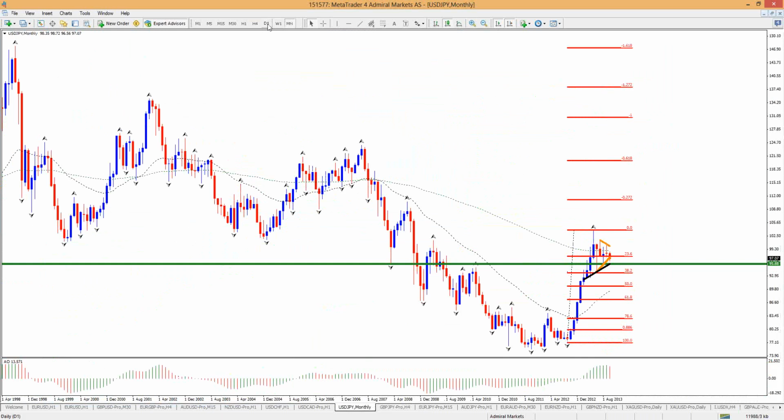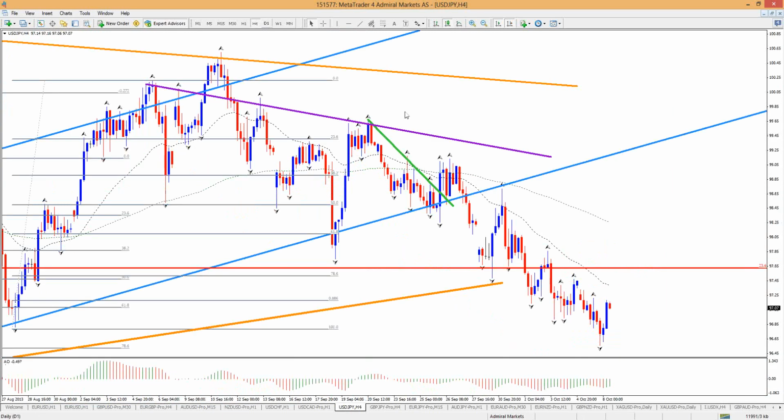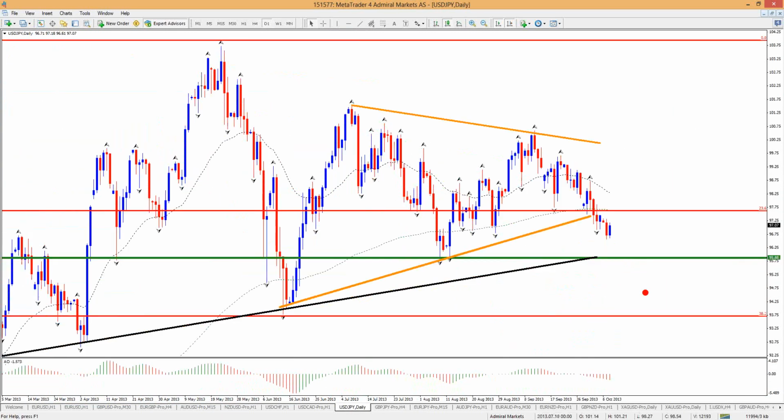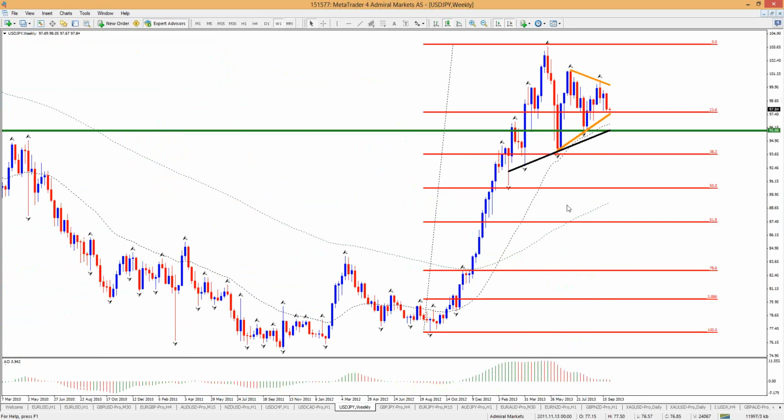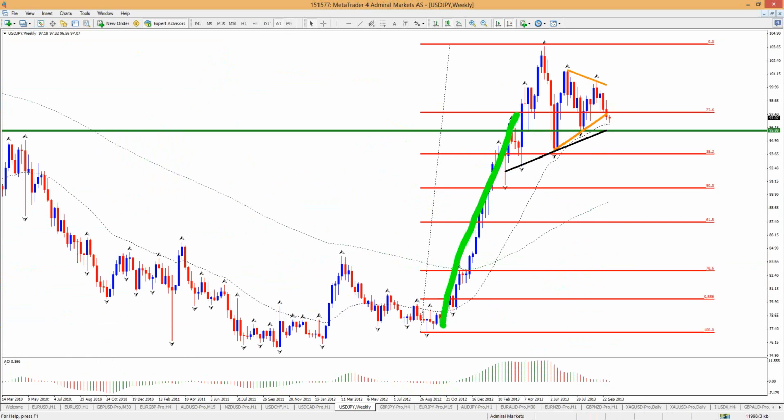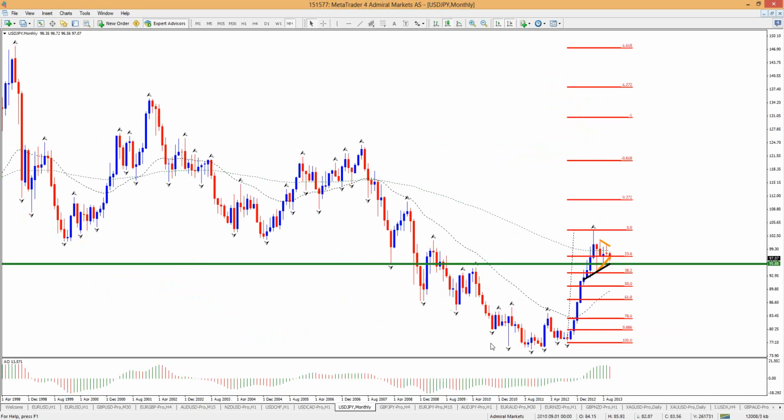Last but not least, the dollar yen. Very short. Basically what it boils down to is a potential fourth wave finishing, right, because we already had a very massive upside here. This is a triangle, and we've been correcting here for pretty long. Actually, this is 1, 2, 3, 4.